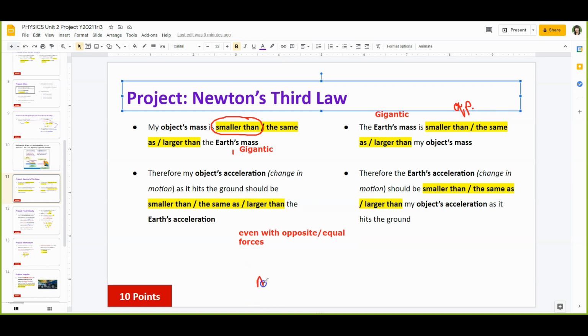If we have a large mass, then we have a small acceleration. If you have a small mass, then you will have a much larger acceleration. Again, this is like our cannon or boat, and this over here is like the actual cannonball or the jumper.